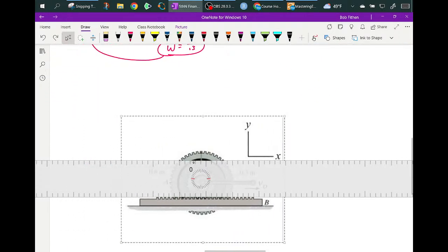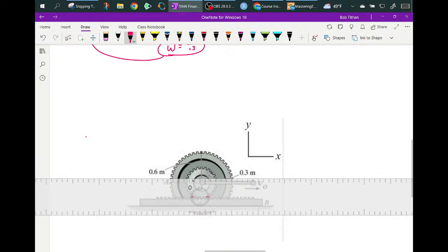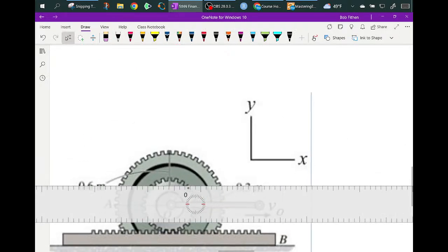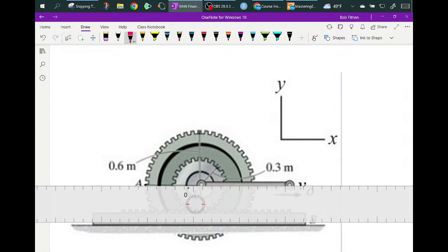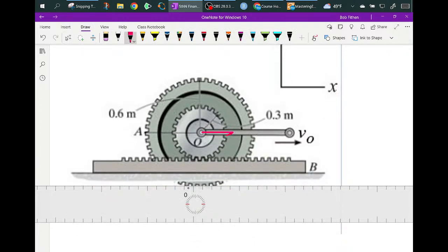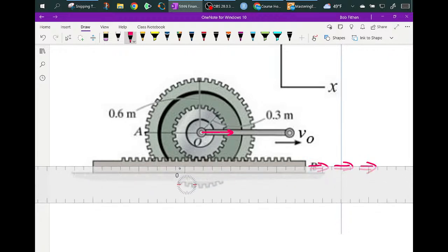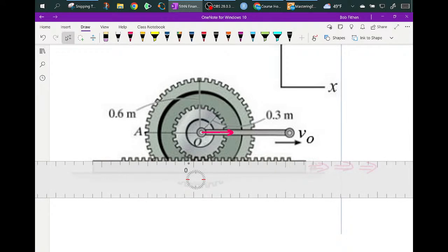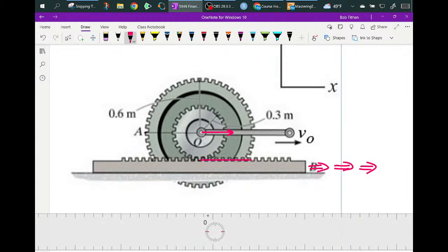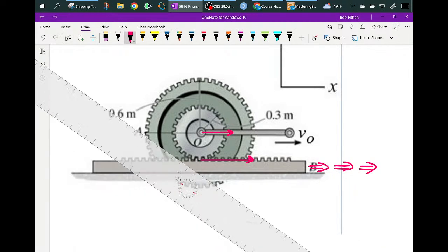Let's assume for a moment the velocity is to the right and it's this magnitude. But let's assume we're dragging this rack to the right with a velocity, and let's assume we're dragging it with a velocity which is slightly larger than this. Okay, so there you go.